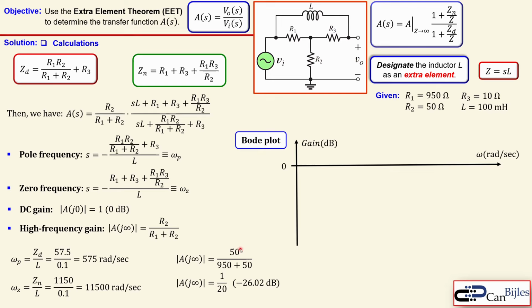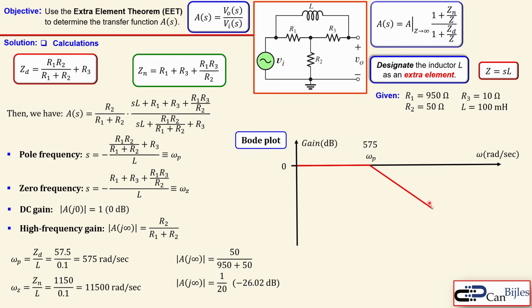So we have now the necessary information to draw our Bode plot using asymptotic lines. We also know that the DC gain is 0 dB, so we start here at a horizontal line at 0, which is this red part, and then we approach our pole frequency, because that's the smallest, and then the zero frequency. You see that here, so the pole frequency first, 575 radians per second.